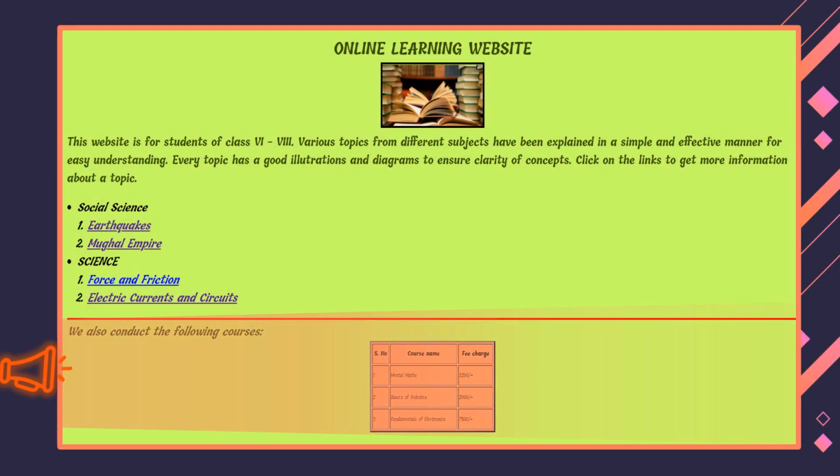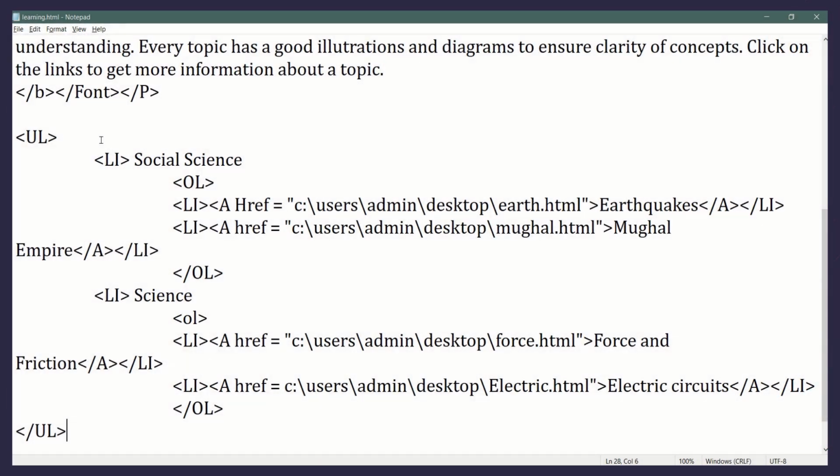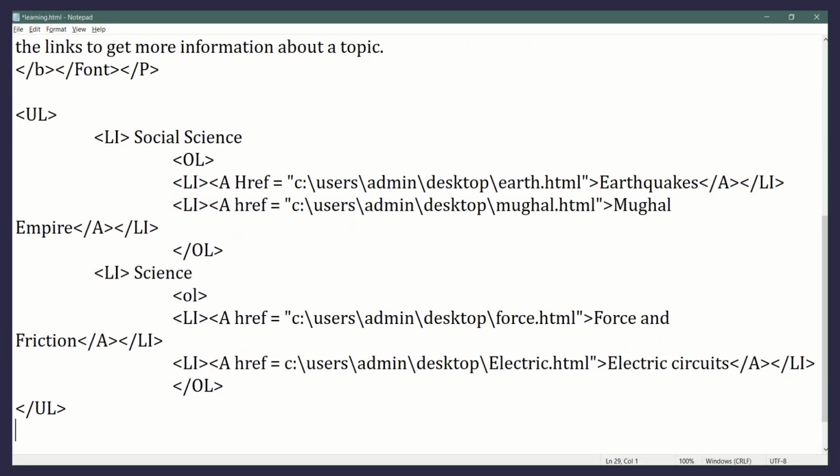For the next portion, we will use the HR tag to display this horizontal rule and we will use the table tag to display this table. Now for displaying the horizontal rule, I'm going to use the HR tag. I'm giving it size equals 5 and color equals red.